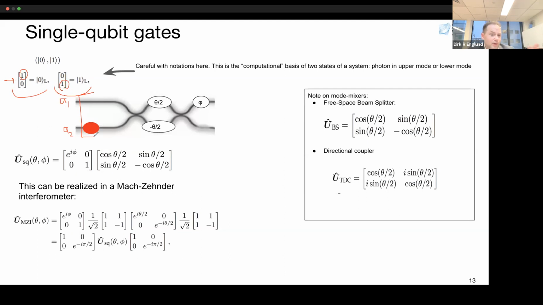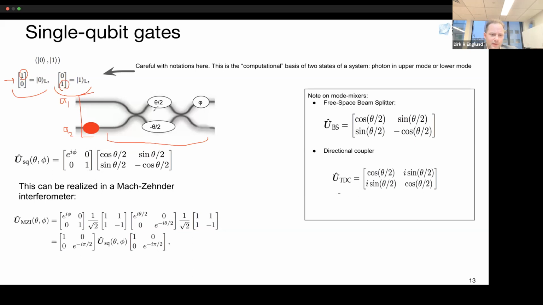And then, what if you want to do a gate on this? Suppose you want to do a rotation on this qubit. In optics, we can do this using some sort of programmable interferometer, and perhaps the more common way to do that is to use a Mach-Zehnder interferometer, which is illustrated here.